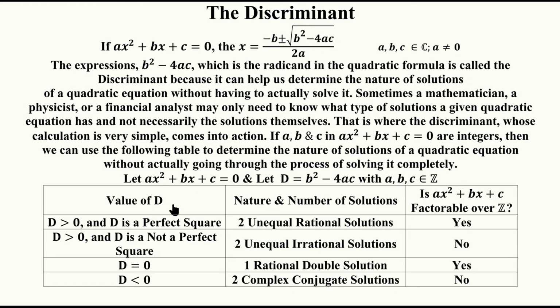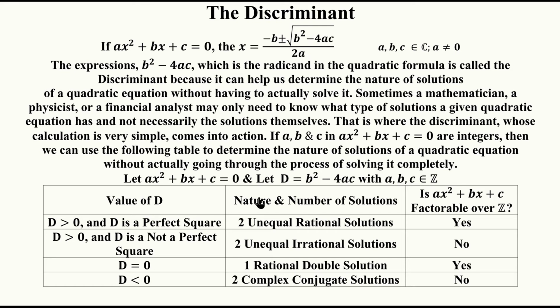So it turns out that if the value of D meets certain criteria, then we can make some conclusions, which we'll go over now. If D happens to be positive, notice that means we have a positive number under the square root. Remember, we're dealing with a, b, c being integers.